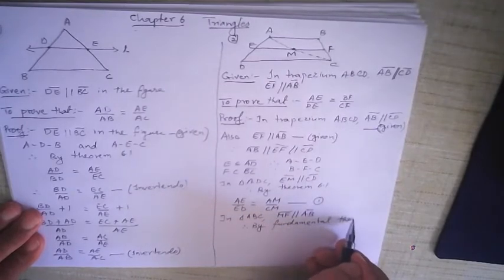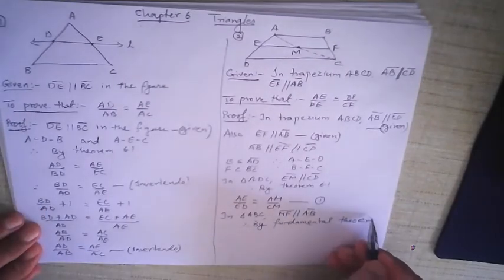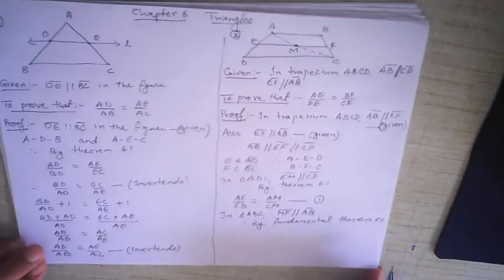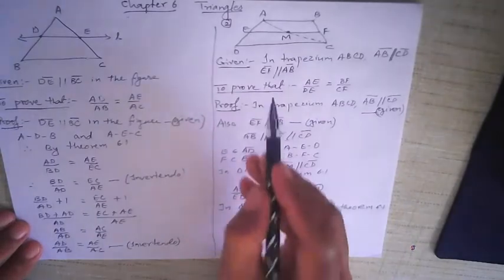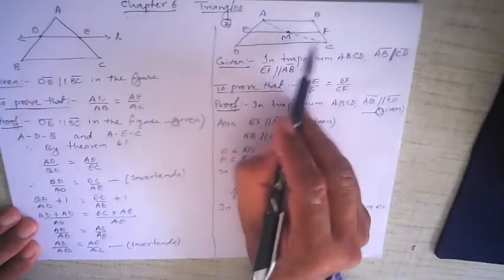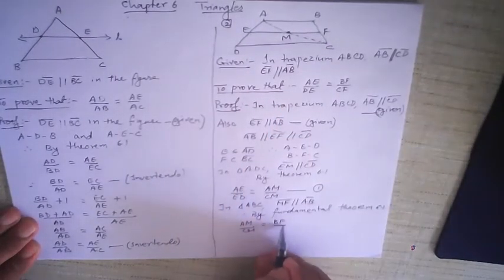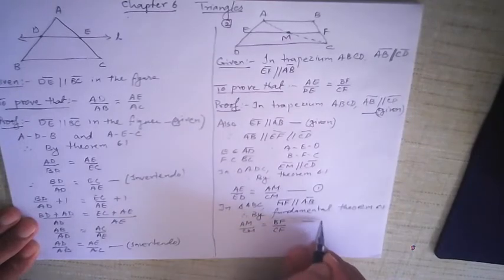See how important it is to write as much detail as possible. By fundamental theorem 6.1, 6.1 is called the fundamental theorem. By that I get AM upon CM is equal to BF upon CF. Result number 2.